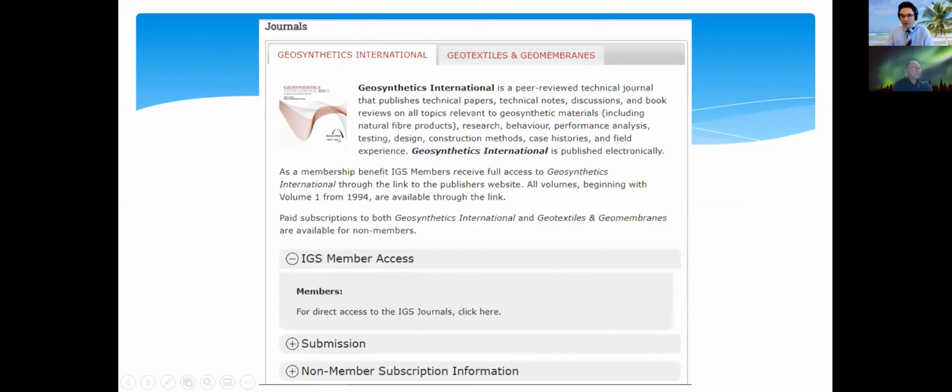If you have chosen Geosynthetics International, for example, that's what you will see. Normally on the left-hand side here, you scroll down and you will see all the previous issues of the journal. You can search or choose based on the year the paper you're looking for was published, and you can find it there. The full paper is accessible.